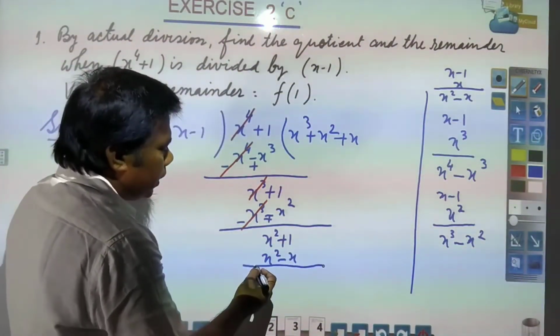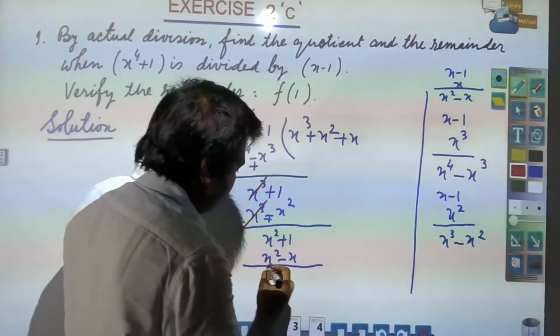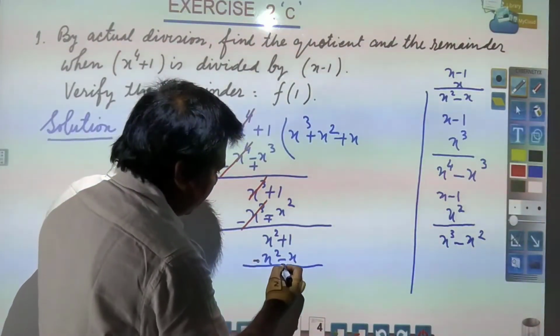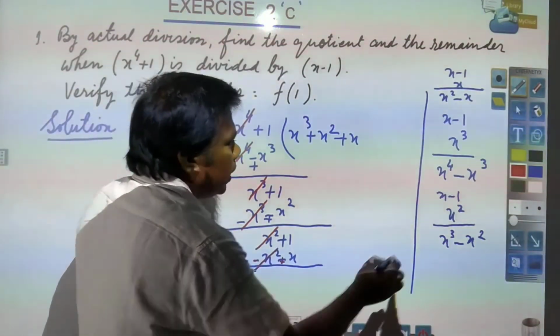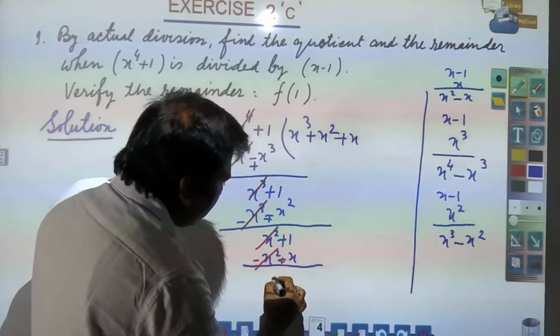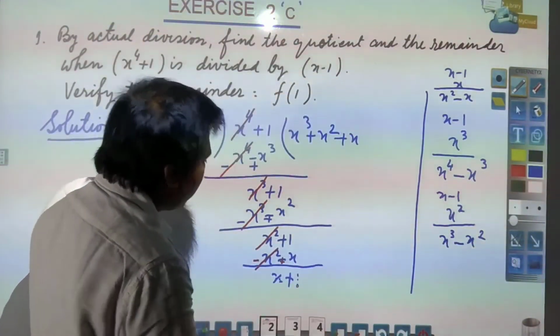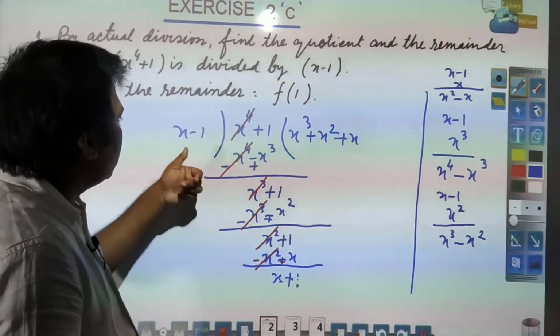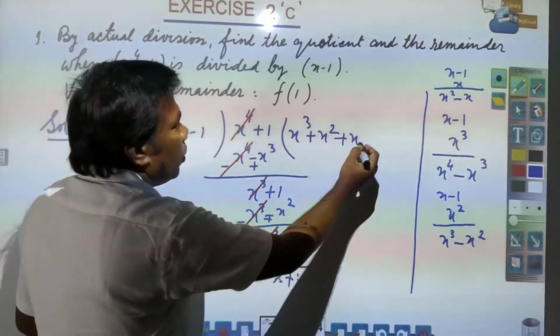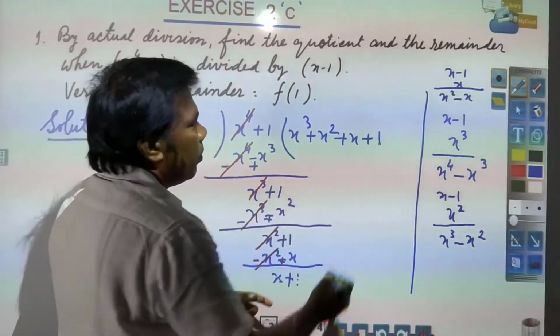Now again the sign needs to be changed, minus here and plus here, so x square and x square get cancelled and you are left with x plus 1. Now here you need to get x, and x you already have, so we write plus 1.